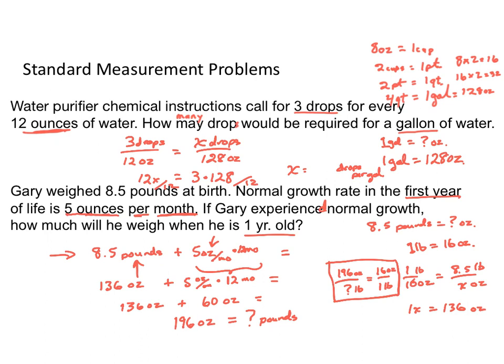When I cross multiply, it's 16 times x equals 1 times 196. So really it's 196 divided by 16, which is 12.25. Be sure to label your answer, because that's 12.25 pounds. It's not 12.25 ounces, and it's not 12.25 kilograms. So label it.